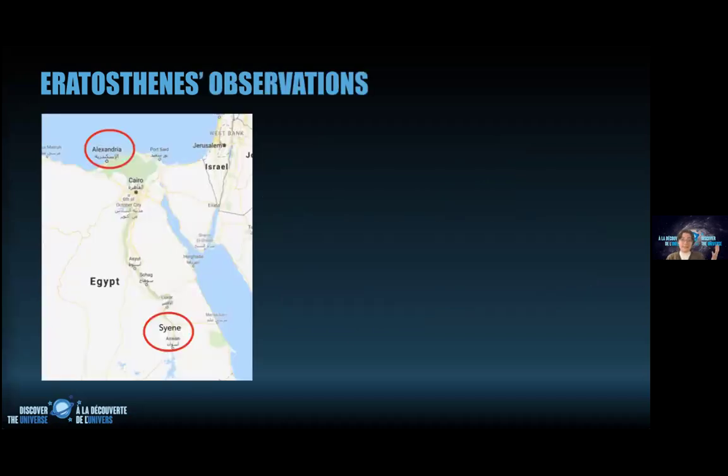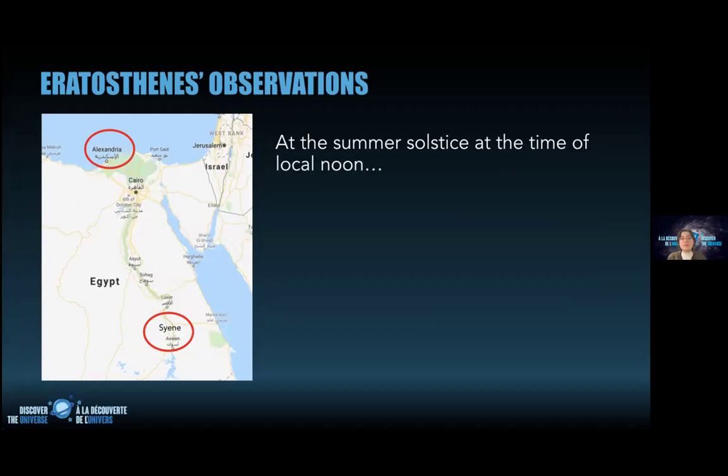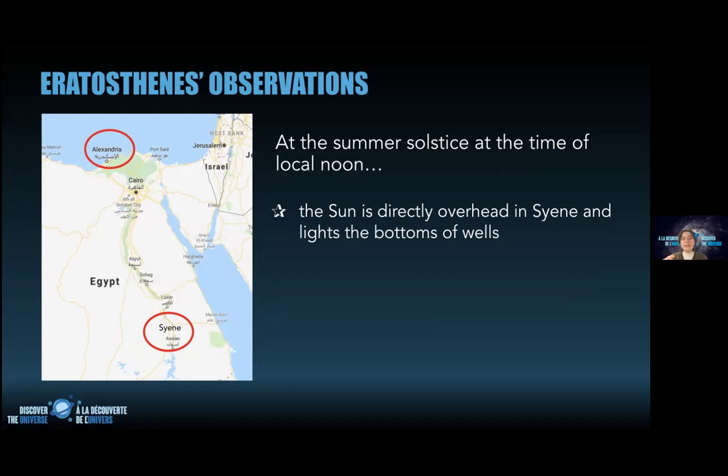So what he observed is that on the summer solstice, at the time of local noon, the sun was directly overhead in Syene, which is currently Aswan, and it actually lit up the bottom of the wells in that location.